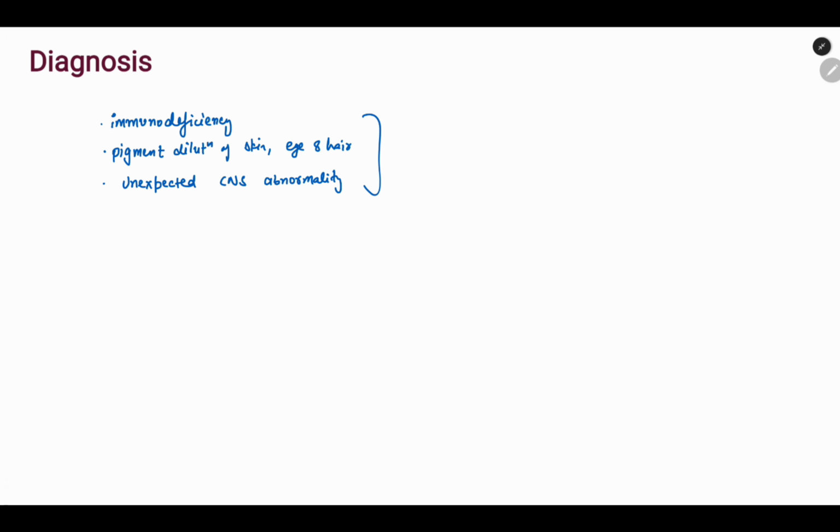In these individuals, there is a chance of Chediak-Higashi syndrome.